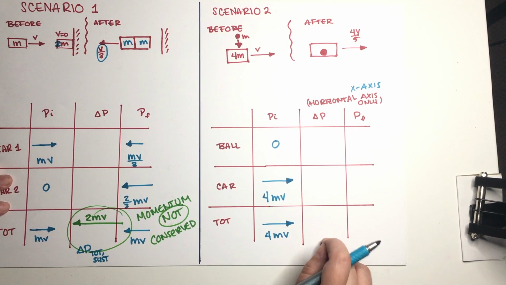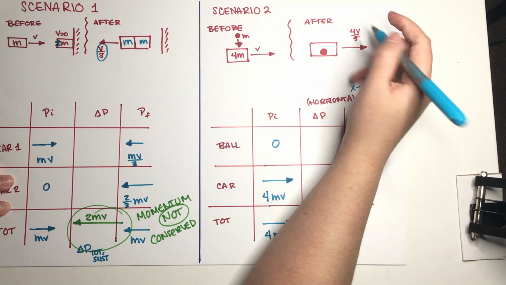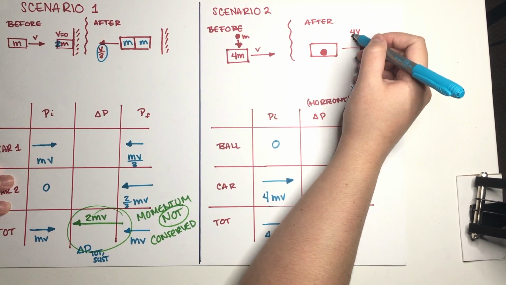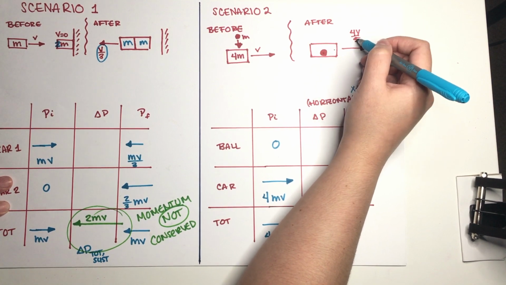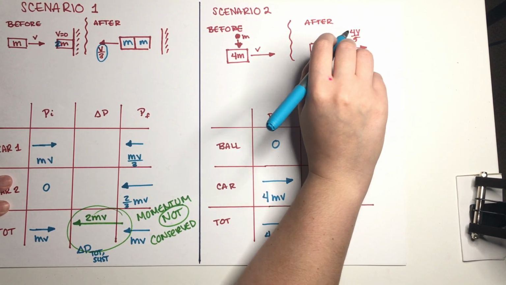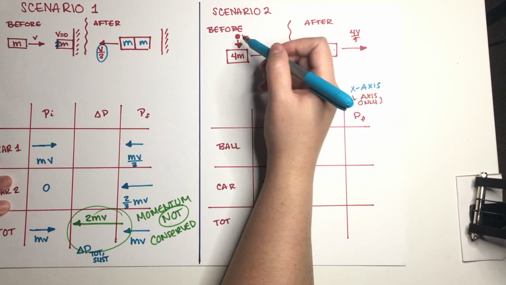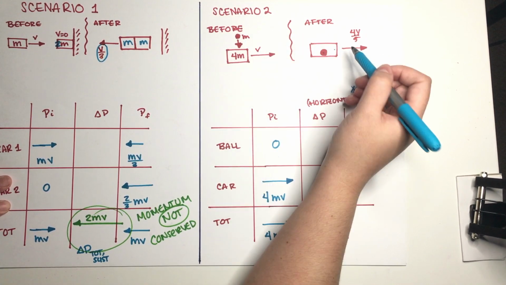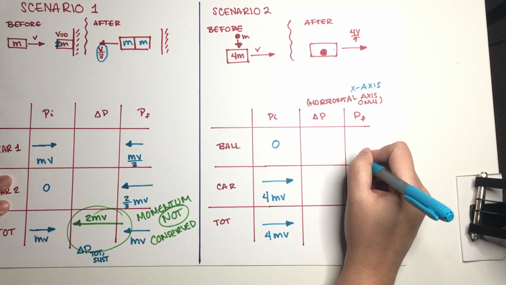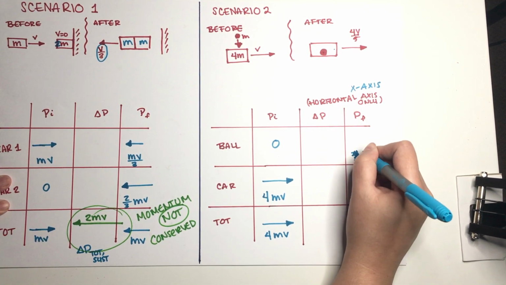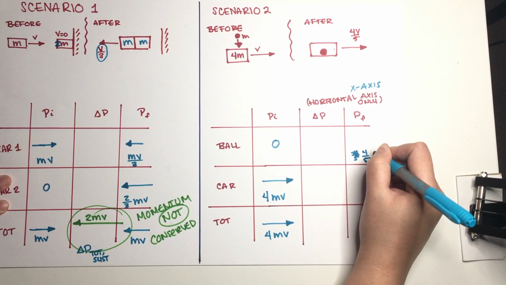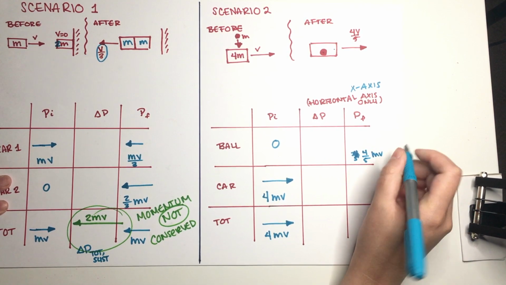So now the final scenario is both of the objects are moving, and they are moving at the exact same velocity. So we just need to multiply mass times velocity for the ball, mass times velocity for the car, and that's going to be it. So the ball just has a mass of m. So m times this velocity is just going to be 4/5 mB, like this.